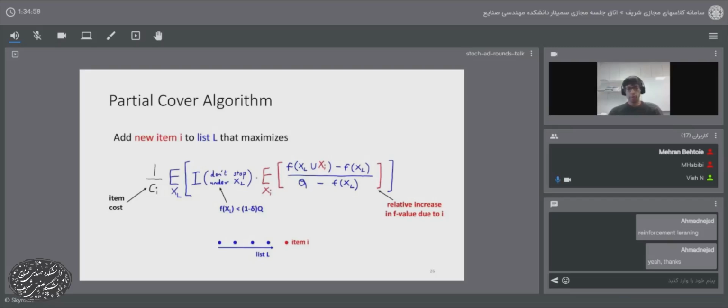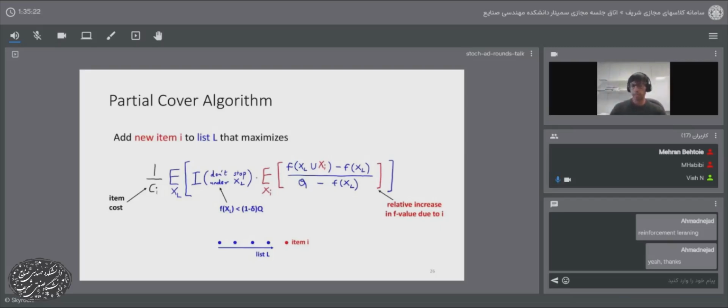So there are a few different terms in this. So we normalize the score by the cost of the item. So that's this term over here. And we take an expectation over all outcomes of the items that came earlier on this list.